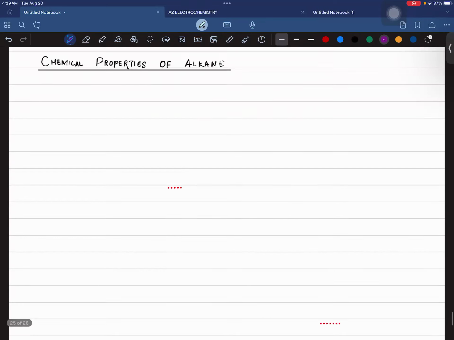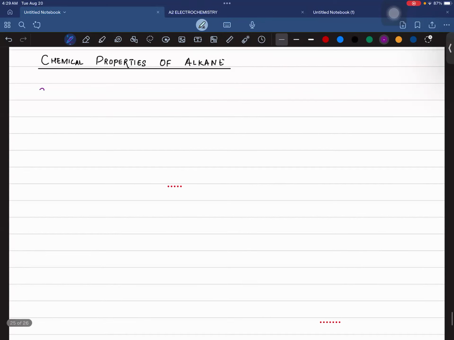The first chemical property is the combustion reaction. Combustion means what?